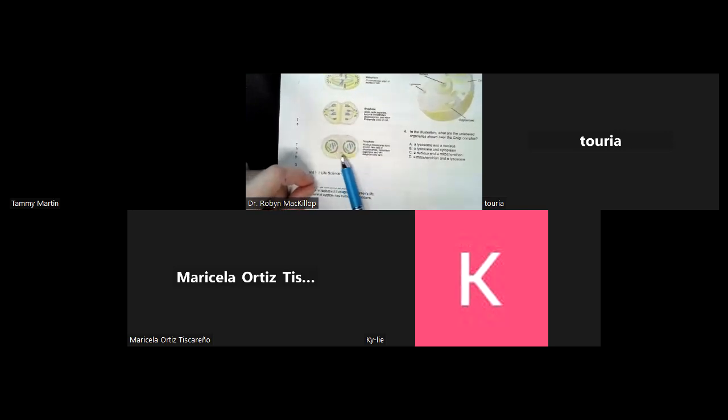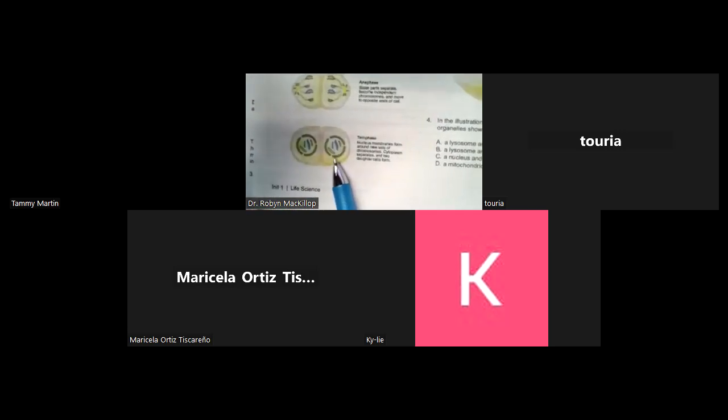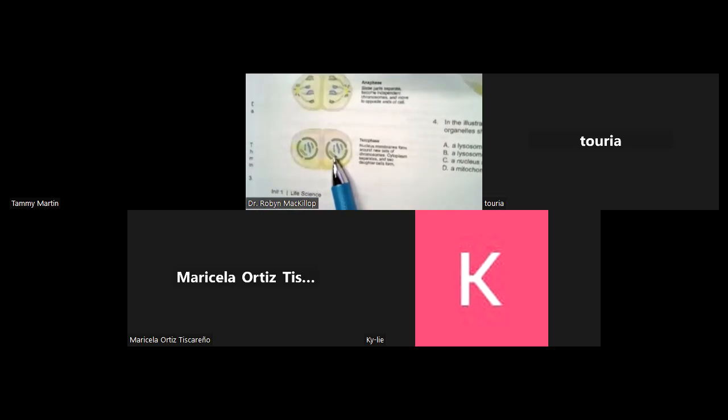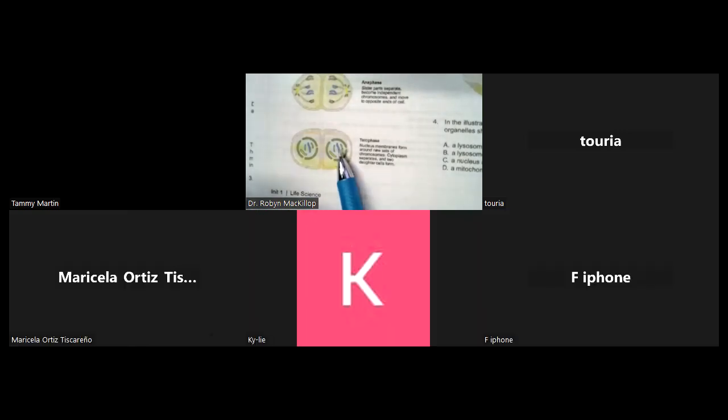Yeah, here are your two sister cells. How many little things in there do they have? Can you see that? 3 each. Well, so would it be 6 or 3? It would be, don't forget that little guy right there. So 1, 2, 3, 4. Okay. So it will be B, 4.